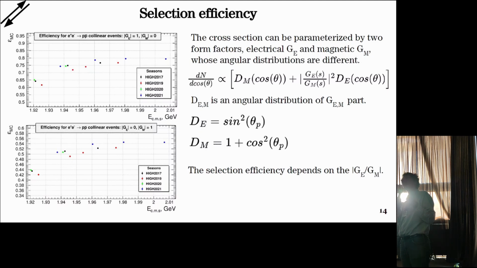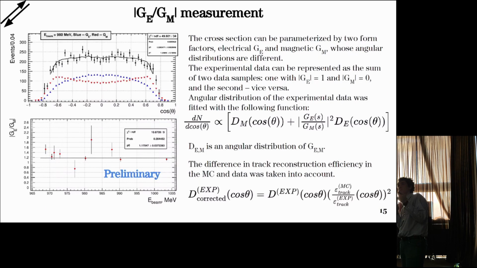As you can see, there is a 60% difference between efficiencies. So beforehand, we need to understand what the GE to GM ratio is to obtain the selection efficiency that corresponds to our experimental data sample.